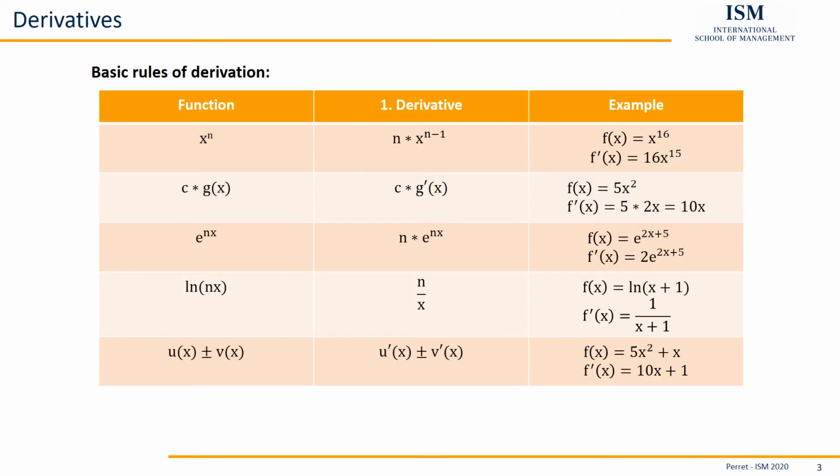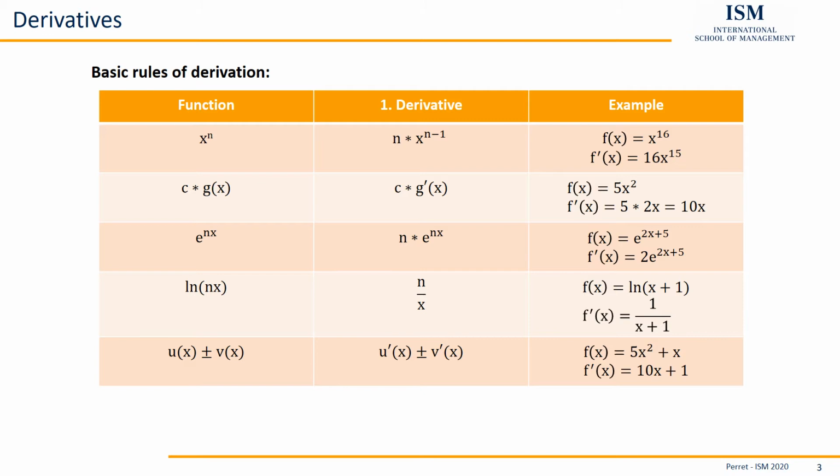And those are the basic rules of derivation which I mentioned here in this table. Here the main function is the first one, x to the power of n, where if you take the derivative, you get n times x to the power of n minus 1. So basically the exponent n is pulled in front, and then you subtract 1 from this exponent.